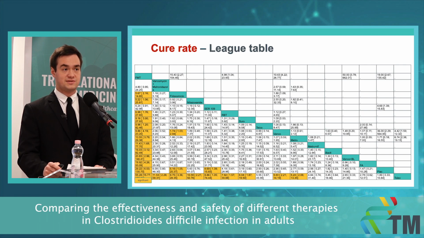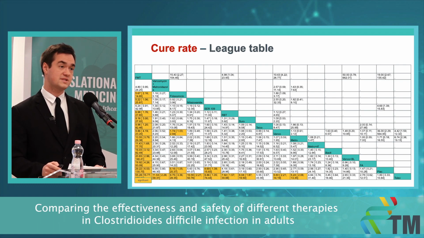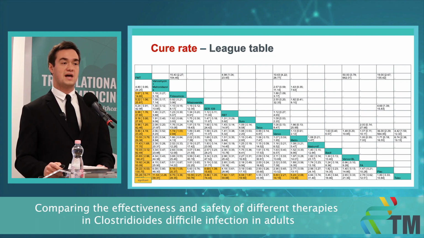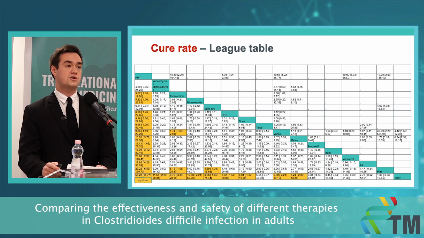We compared one treatment from the left with one treatment from the right, and it indicates how much greater the chance of recovery is. So for example, if we compare FMT and fidaxomicin, in the FMT arm there is almost 6 times higher chance of recovery than in the fidaxomicin arm. The confidence interval is shown in brackets.